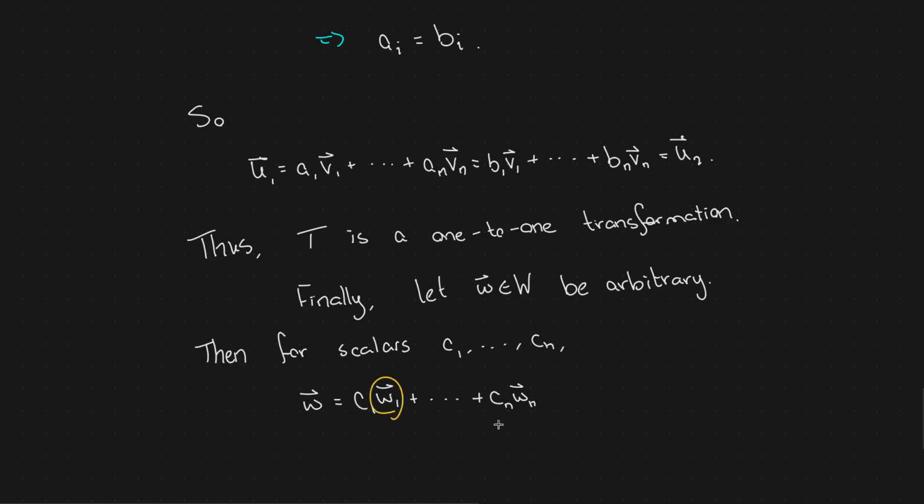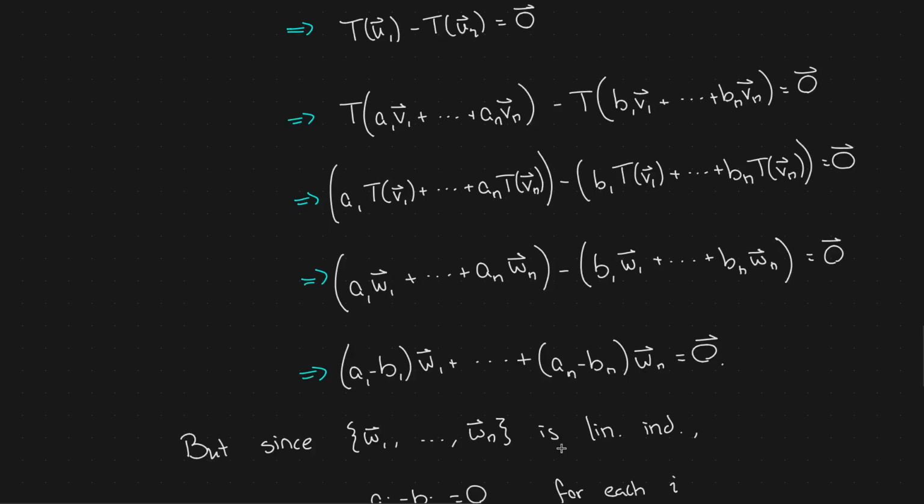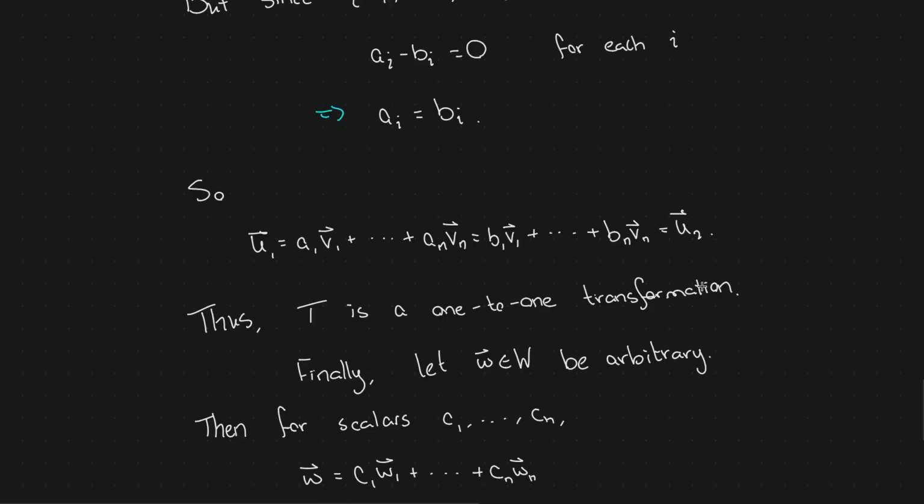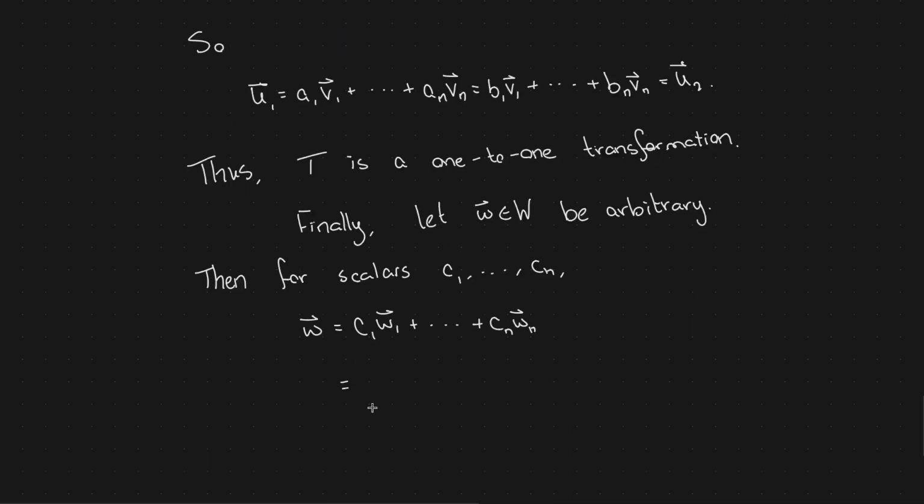All right, but w1, wn, all the other w's, we defined our linear transformation T so that each wi is equal to the transformation on vector vi, where vector vi is from the basis for vector space V. So I can say that I can swap out w1 for T of v1 and wn for T of vn, and then use the fact that T is a linear transformation to combine this into a single transformation, T of c1 v1 plus dot dot dot plus cn vn.